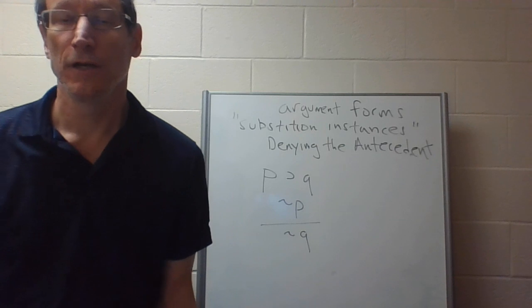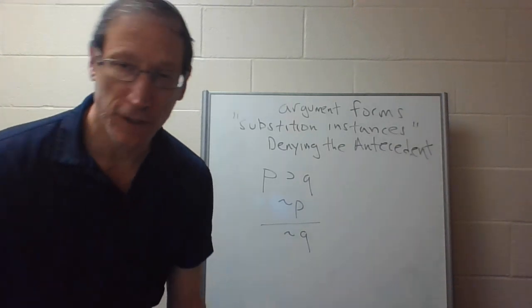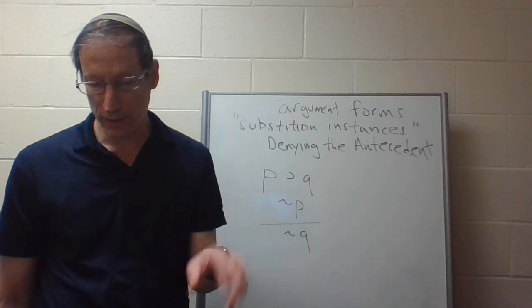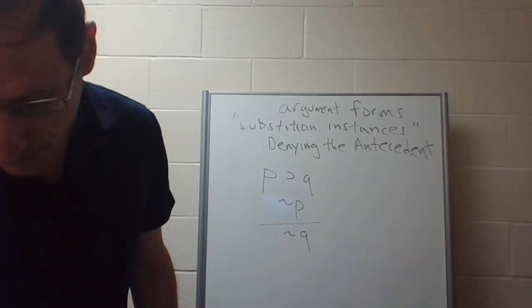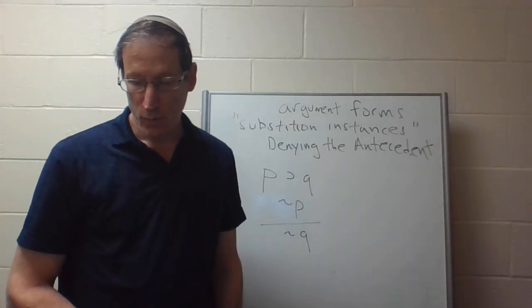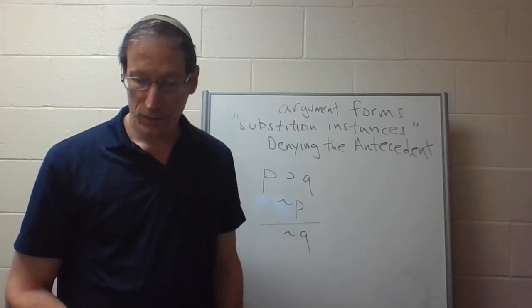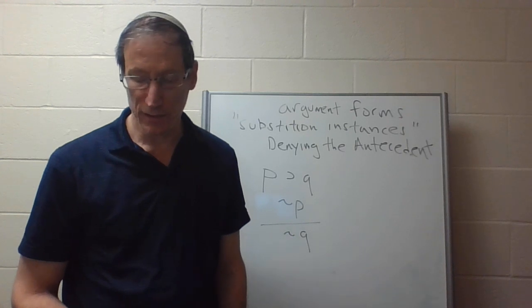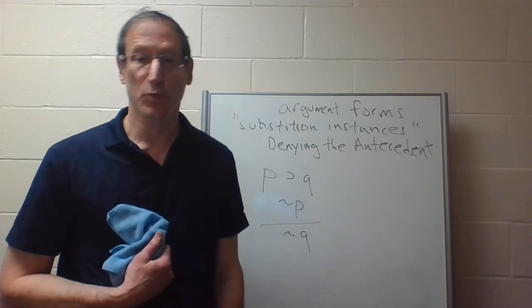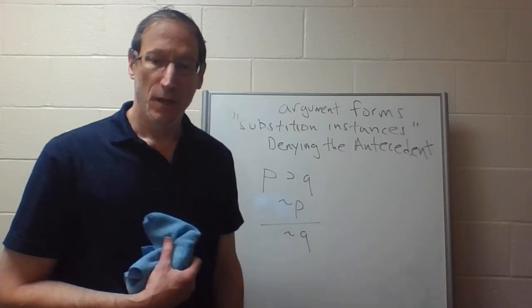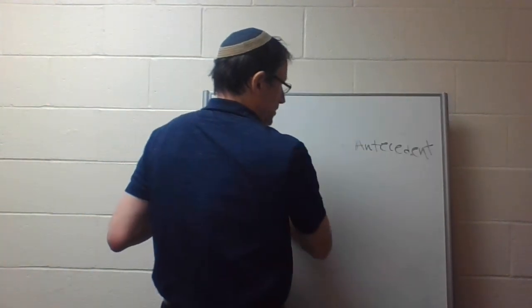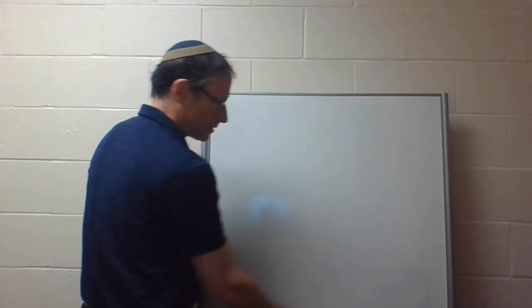Okay, just for fun, I'm going to do one or two examples from the homework just to get you started. So let's try to do this while I'm talking. If you open up your book to exercise 6.6 Roman numeral 1, in my book it's on page 371. That's where the homework is. So let's look at number 1.